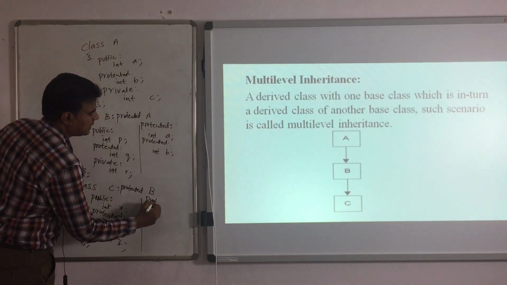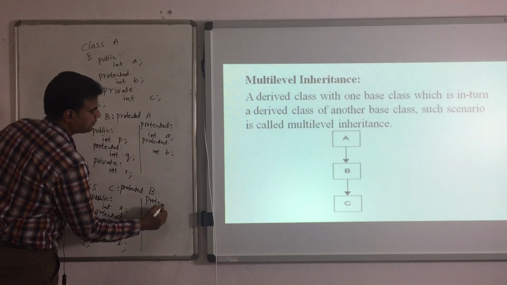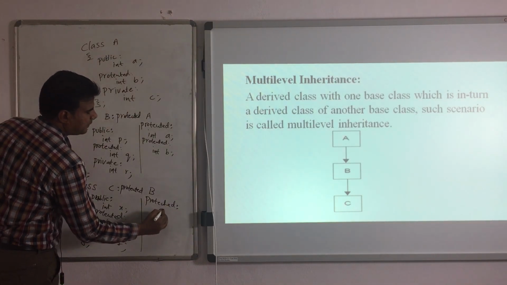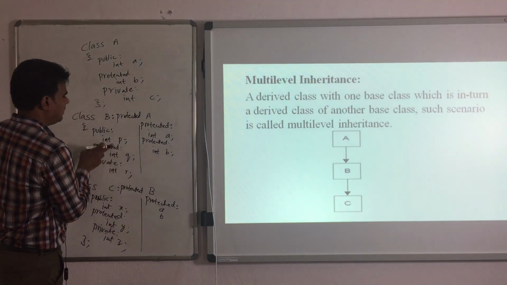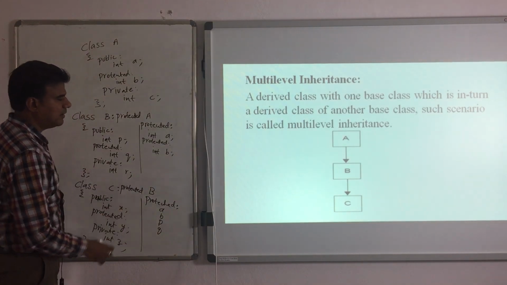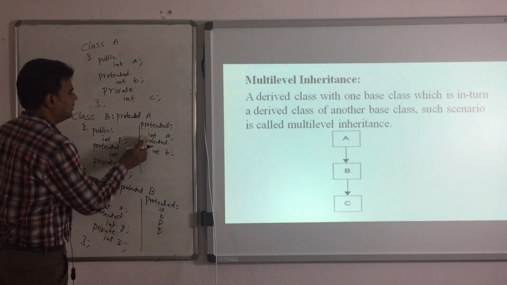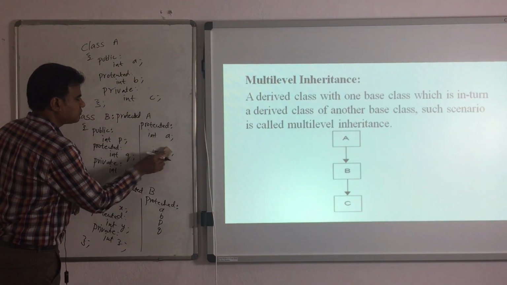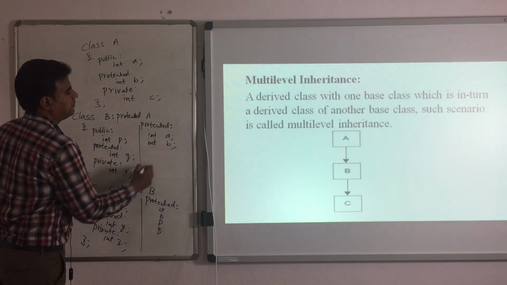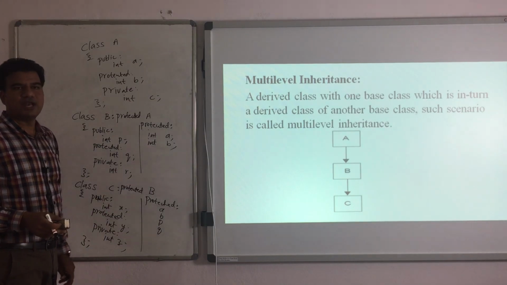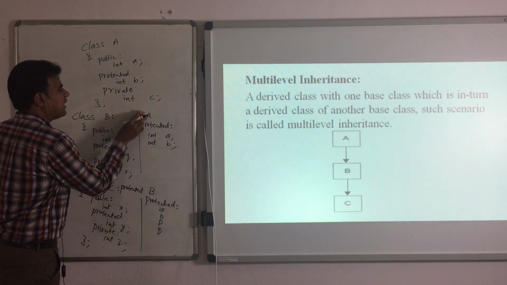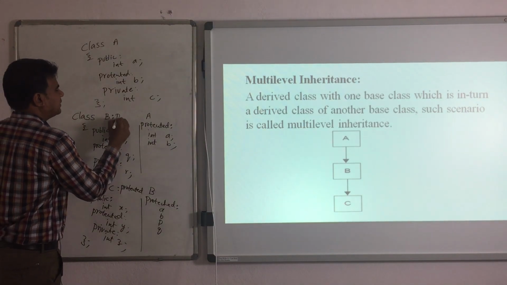So here I will get protected, under it A and B, and from here P and Q. All will become protected, like how they became protected over here: protected int B. So like this it will happen. Suppose I change the B class access modifier to private, then what will happen?